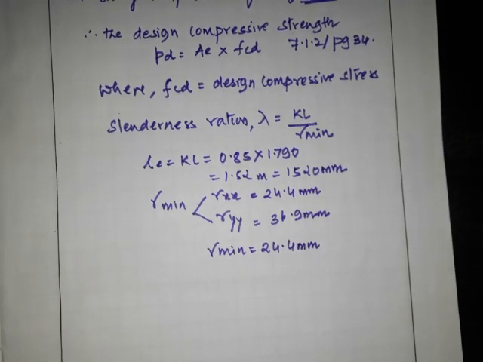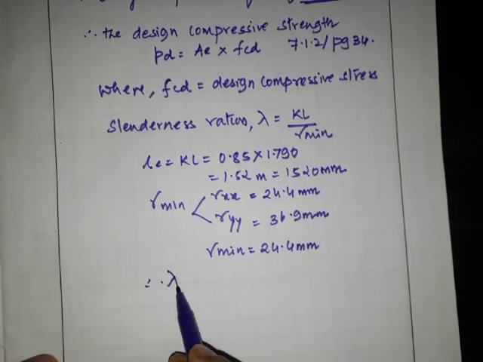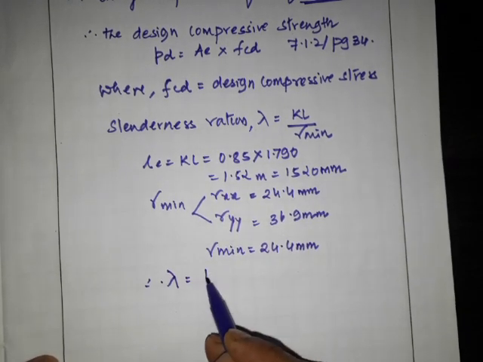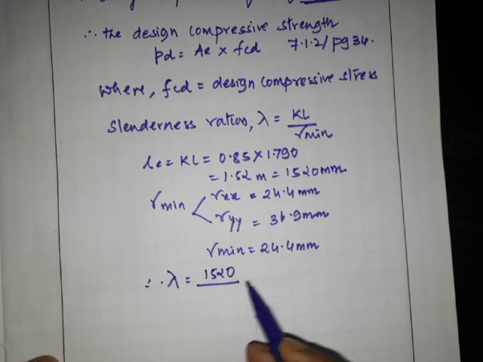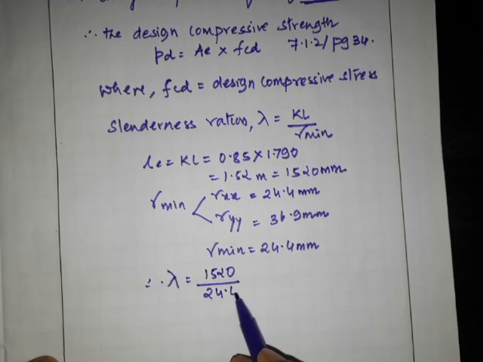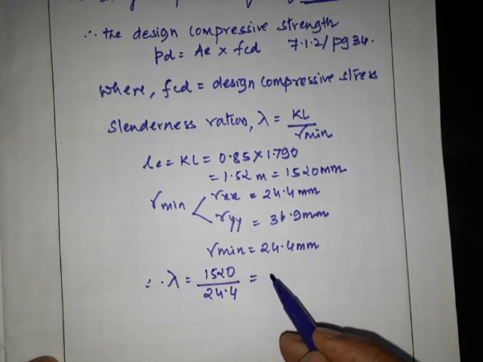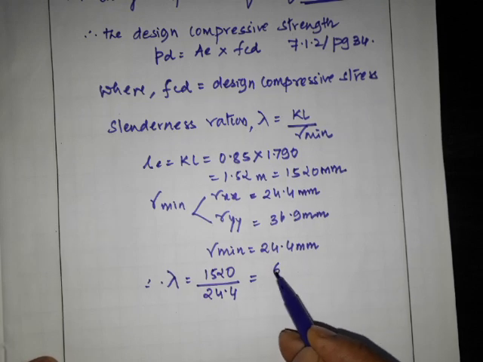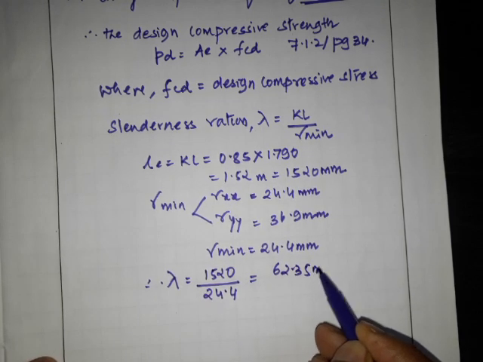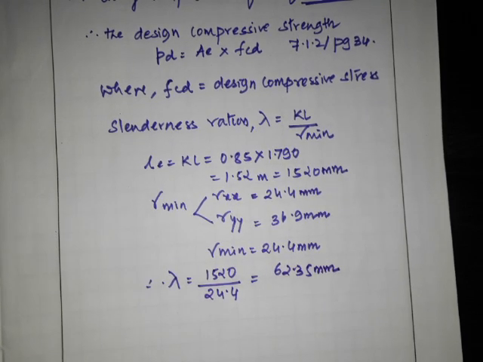Therefore the slenderness ratio lambda will be KL by R minimum. So it is 1520 divided by R minimum, 24.4. So we get the ratio lambda as 62.35.